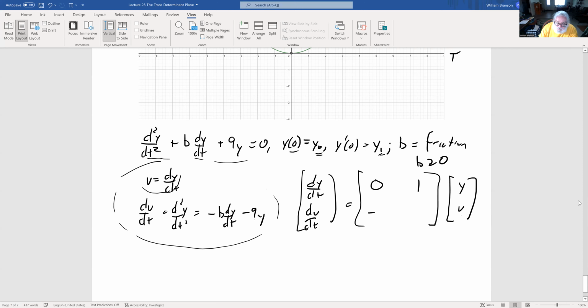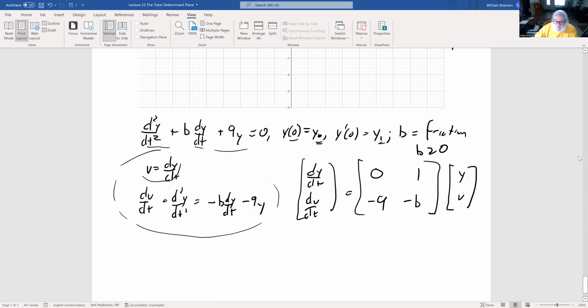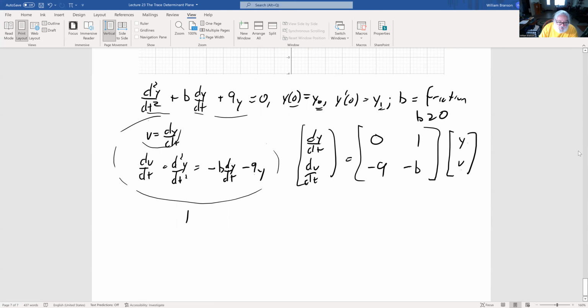Minus 9y, and then minus b times v. Great. So trace is minus b, and determinant is 9.